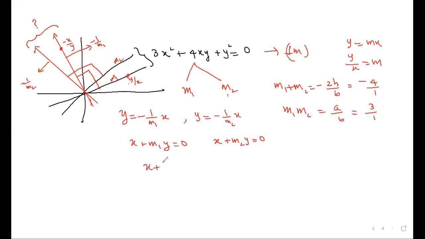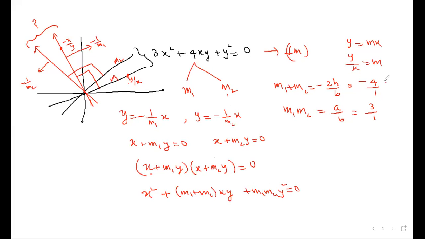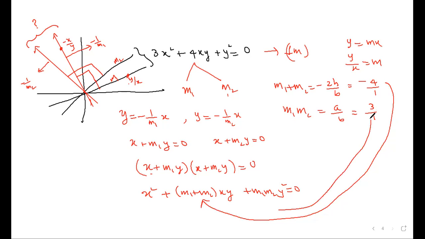Therefore, their combined equation will be this. Now open the bracket: x square plus (m1 plus m2) xy plus m1 m2 y square. Now you know m1 plus m2 and m1 into m2. Just replace them and you got the answer.